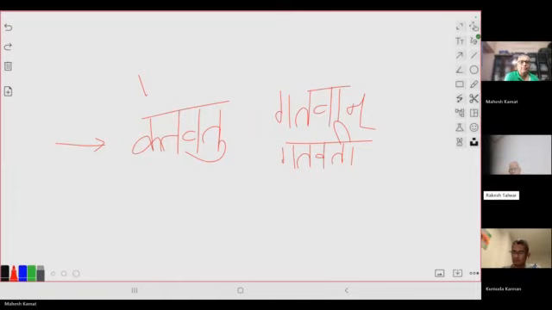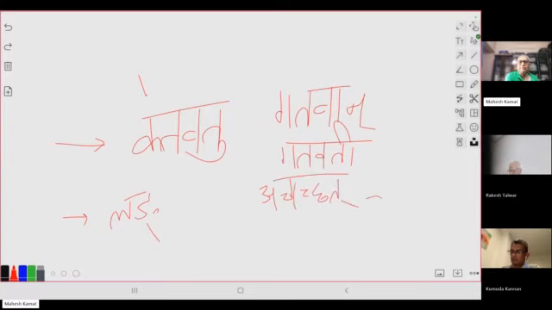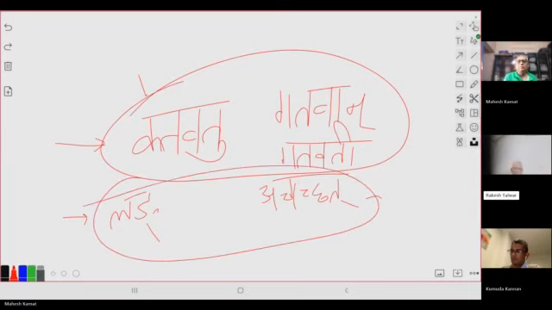Then we studied lang lakara to do the past tense, which gave us words like agachat. This was an adjective. This is a verb. Panini now gave us a very simple way to denote the past tense. Then you will tell me why did we study all this?